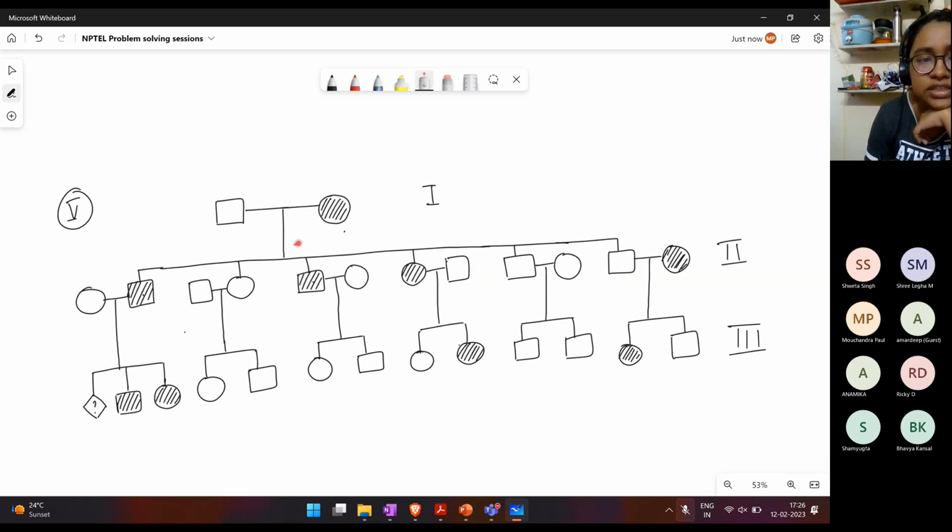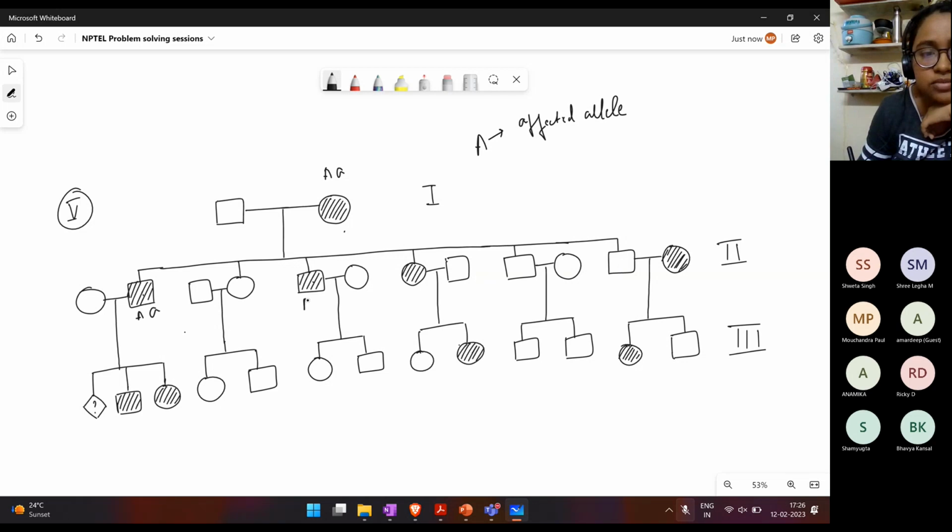So I'm guessing that the genotype of the affected individual is heterozygous, where capital A is my affected allele, which is causing the disease. Going with this assumption, I'm simply writing the genotypes of the affected individuals.